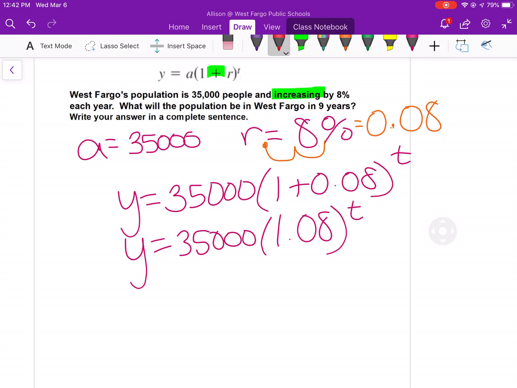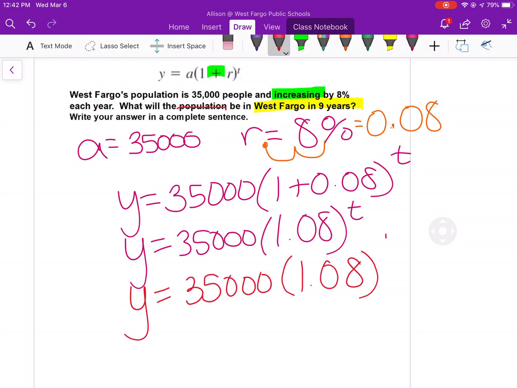Now if I want to know what the population will be in 9 years, then I plug in 9 for t. And this time y is representing the population. So y is going to be the population after 9 years. So I'm going to take 1.08 to the 9th power first, and then times that by 35,000.